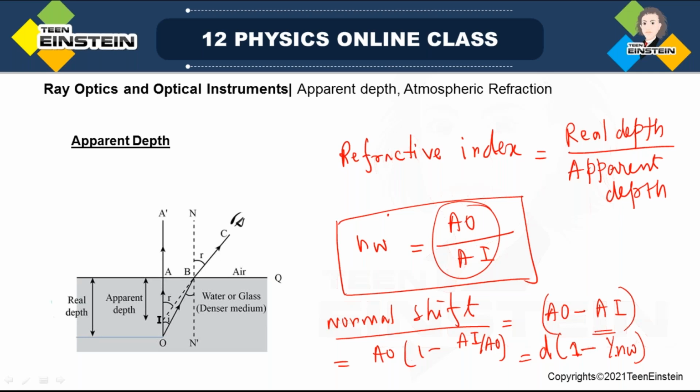If you know the real depth, you can find out the apparent depth. d prime is equal to d into 1 minus 1 by n, that is the refractive index of the medium, here in this case water.